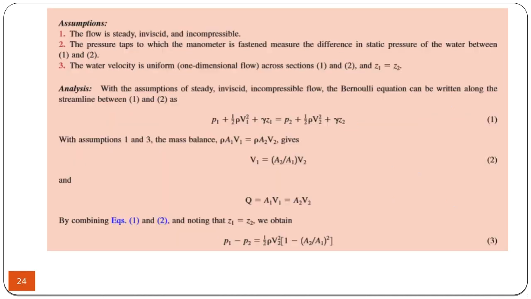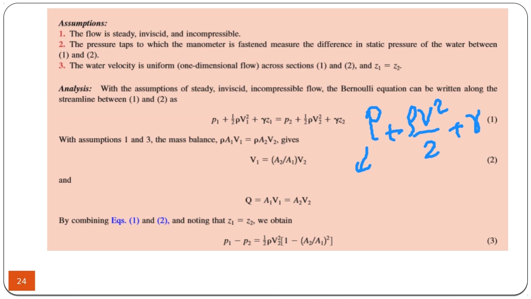So it's frictionless, so that we can write Bernoulli's equation as the sum of the static pressure plus dynamic pressure plus the potential energy. So this is the pressure that we normally measure with the manometer.